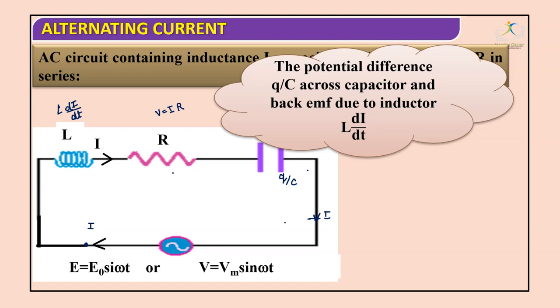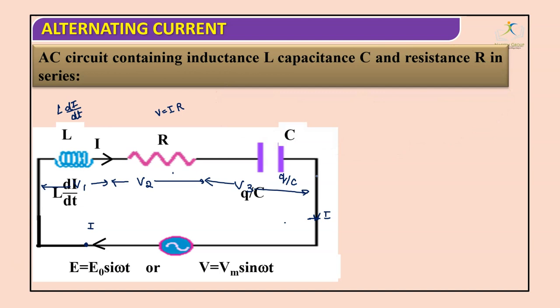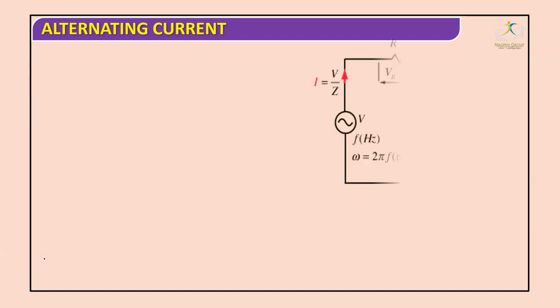Understood? So these all three are consuming some voltage, and the voltage drop in the series is different. Like V1 for this, V2 for this, and V3 for this. Different potential drops will be there: Q by C for this, and L di by dt for this. I hope this much is clear.